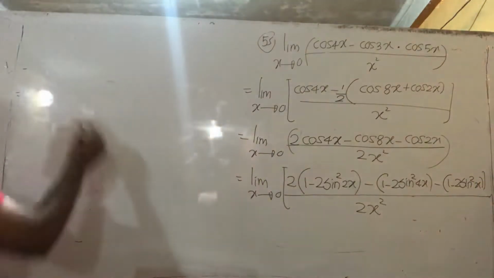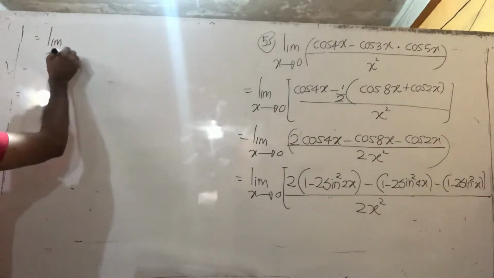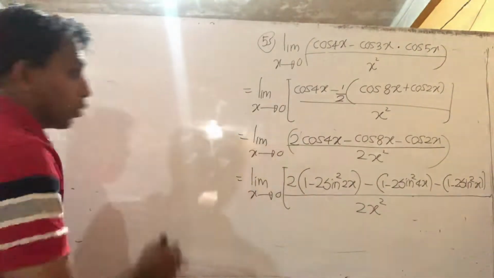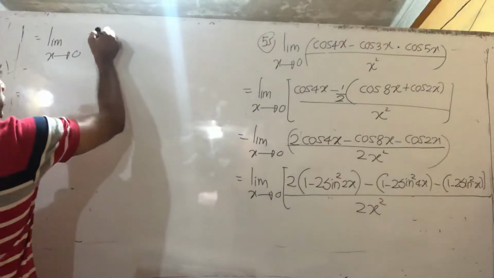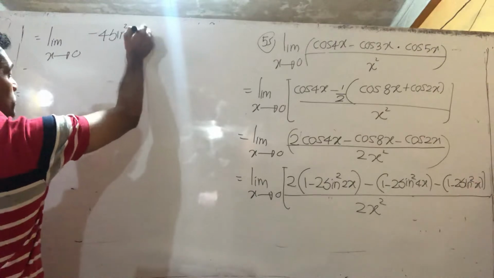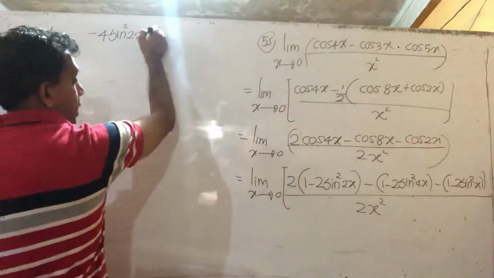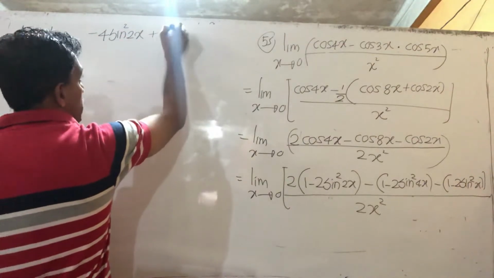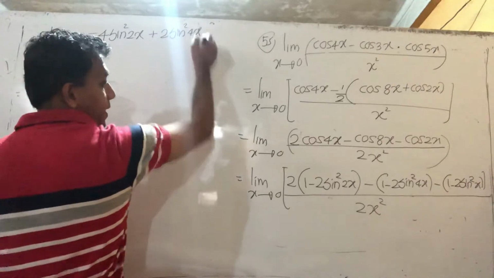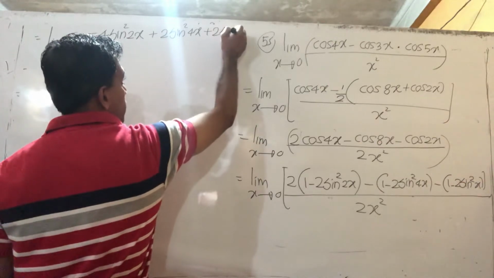Write the remaining part. Limit as x approaches 0 of minus 4 sine square 2x, then minus minus plus 2 sine square 4x, then minus minus plus 2 sine square x.